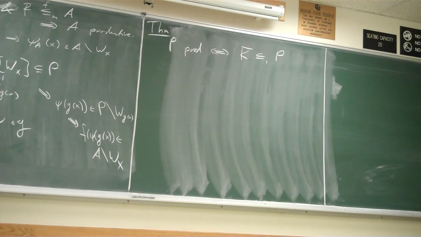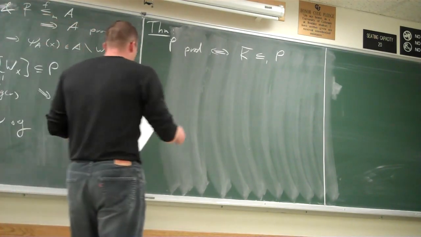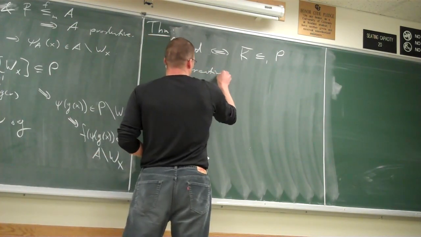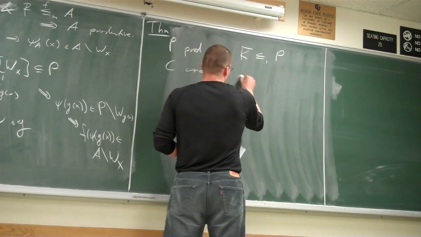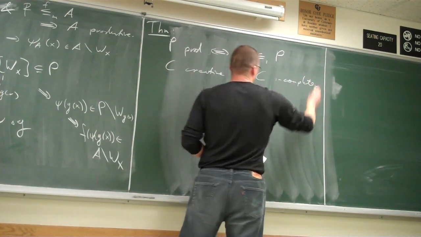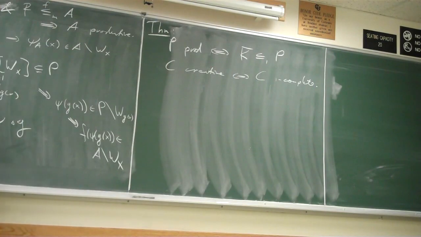So we only need to show the left to right one, and the left to right one shows exactly that productivity follows because this particular productive set reduces to U. And with this, we also observe that creative is the same as being 1-complete, because we know that K is 1-complete, and K bar is the complement, which nicely fits.